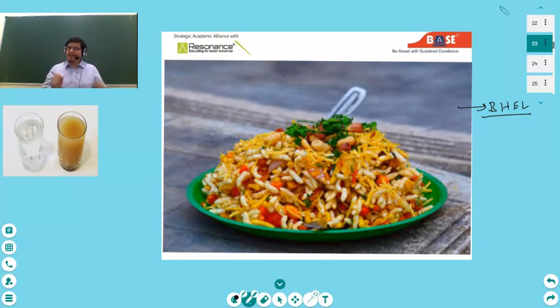Third, you can separate the constituent particles by a mechanical method like hand picking. And next, the constituent particles retain their properties, meaning onion remains onion, tomato remains tomato. Onion will not become paneer and tomato will not become potato. I hope you got the basics from here.